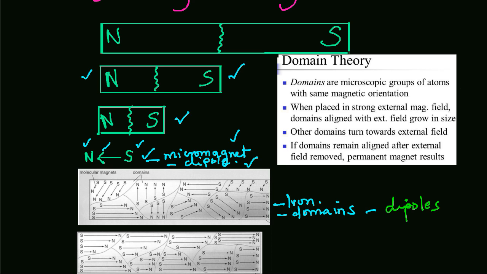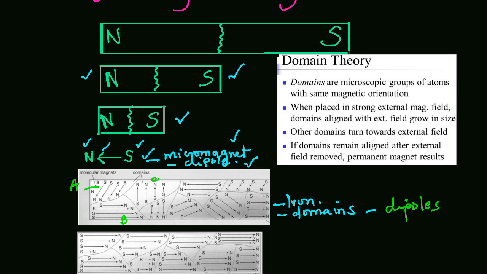If we take maybe domain A and domain B and domain C, then there is a regular arrangement of dipoles within these domains. If we take domain A, let us compare the arrangement with domain C and B. We note that the dipoles are arranged in a manner such that they form concentric loops.